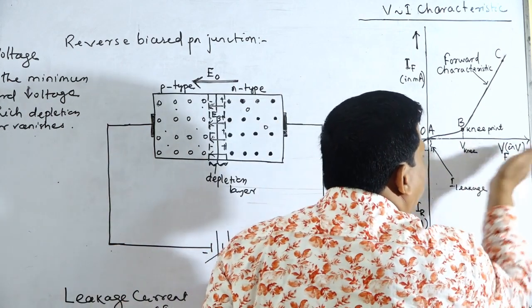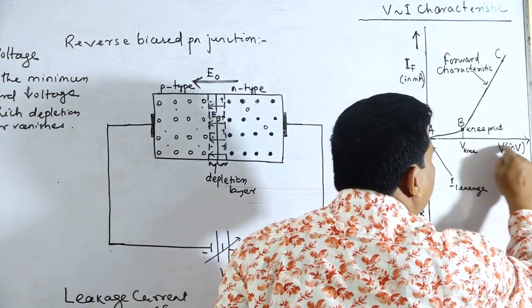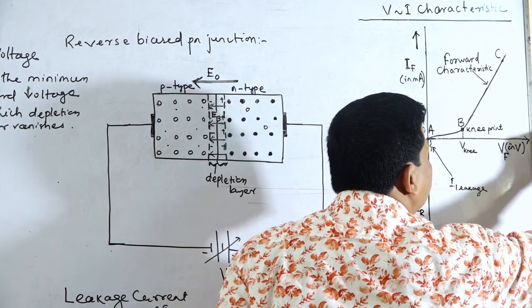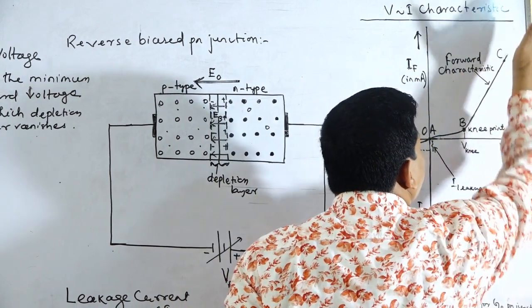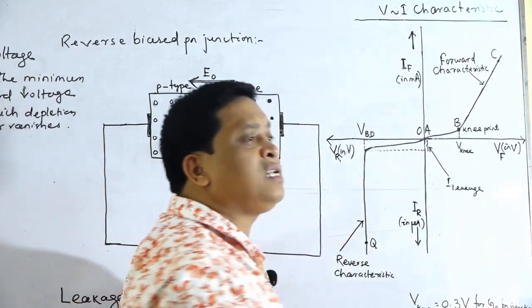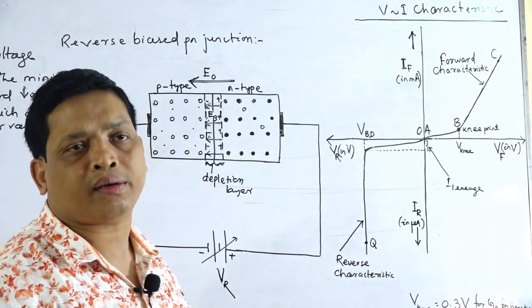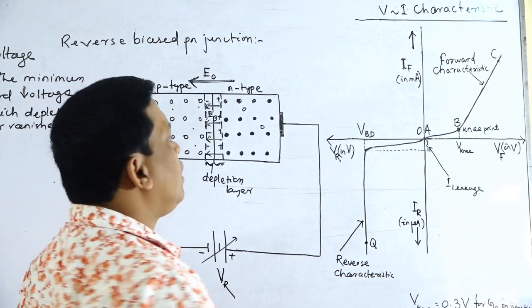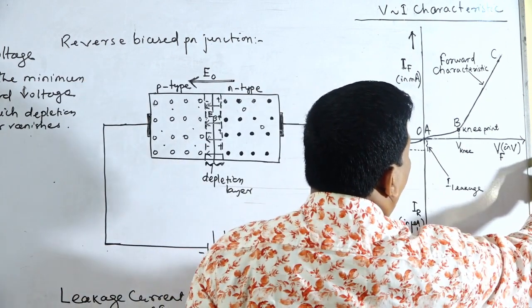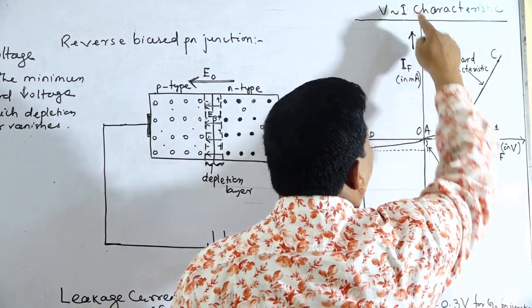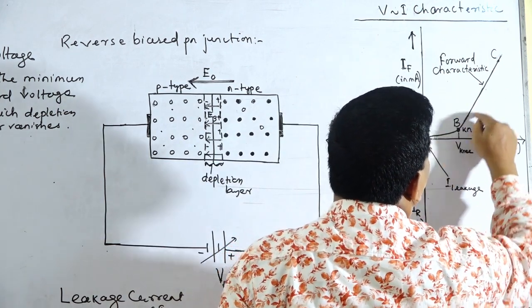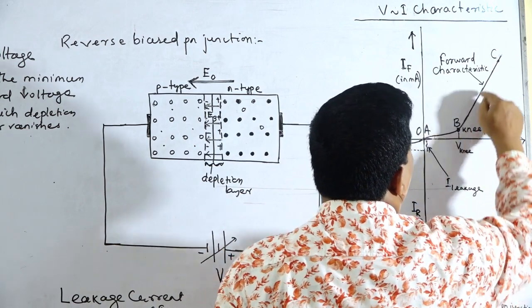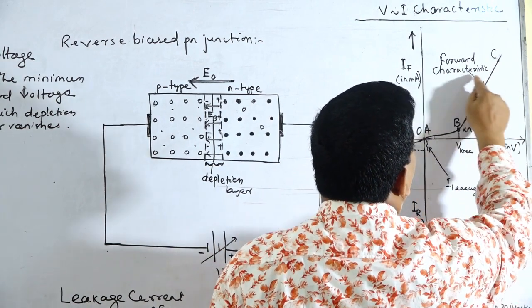So thereafter, if you increase the voltage, the current increases sharply, linearly, just like a conductor. So this is called forward voltage, this is called forward current, and this ABC graph is known as forward characteristic.